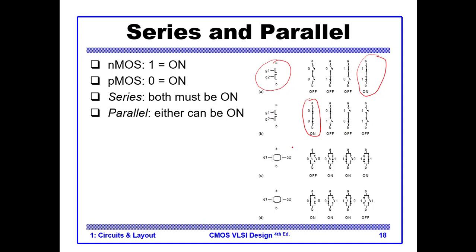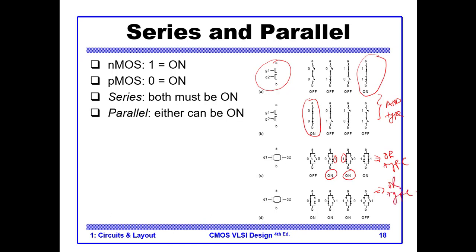For NMOS in parallel, if any one of the gates is 1, the output is 1. So this is basically an OR type of operation. Both of these are AND type. This is OR type. This is parallel, so OR type.